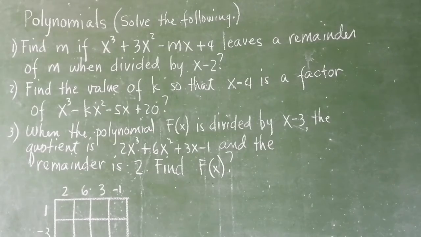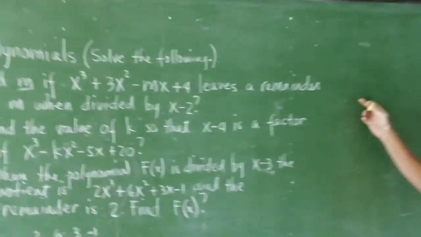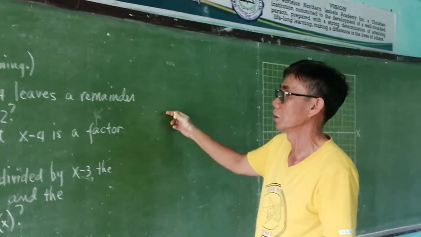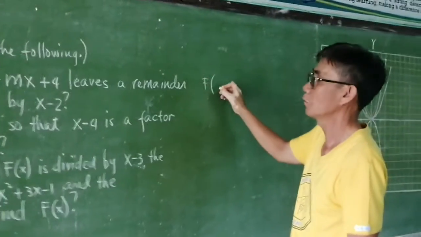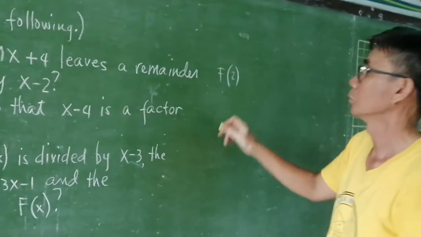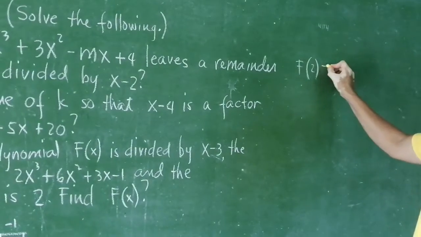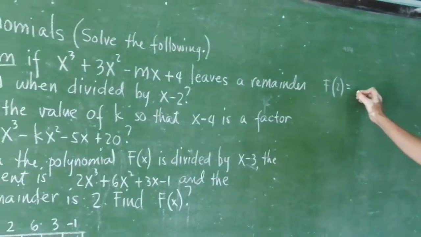So for number 1, find the value of m. Now in here, it is better to use substitution. Meaning to say that we are going to find what is f at 2. If it is x minus 2, then you put f at 2. So we are going to substitute all x with 2.